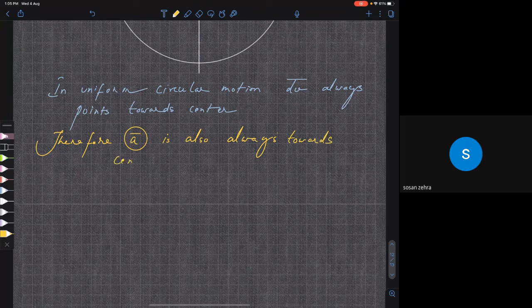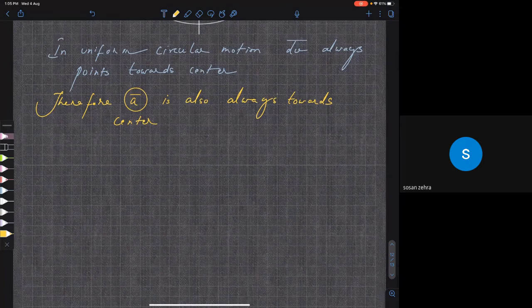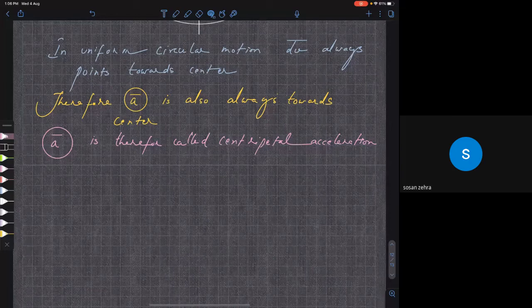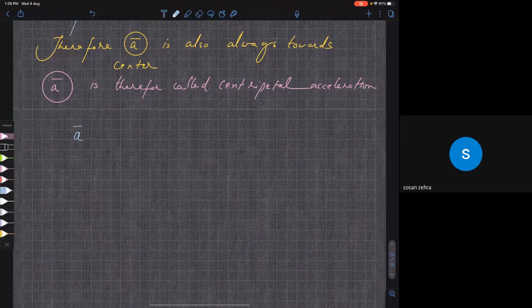A is therefore called what? Centripetal acceleration, because it is towards the center. Okay. a is also called radial acceleration.